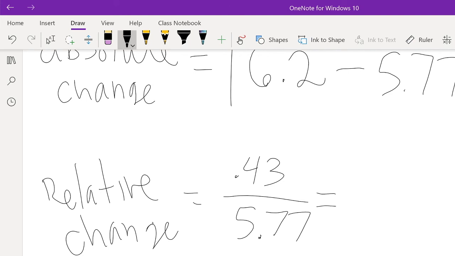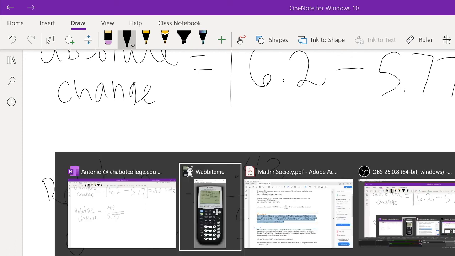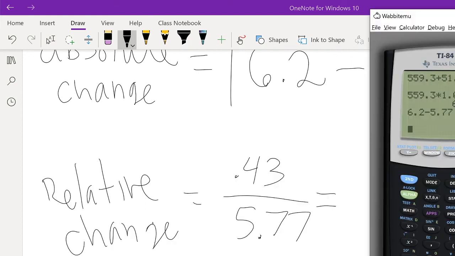So again, we have a division problem. So let's take out our calculator here. And we have 0.43. And then we divide that by 5.77. Hit enter. All right, and again here we have a decimal.